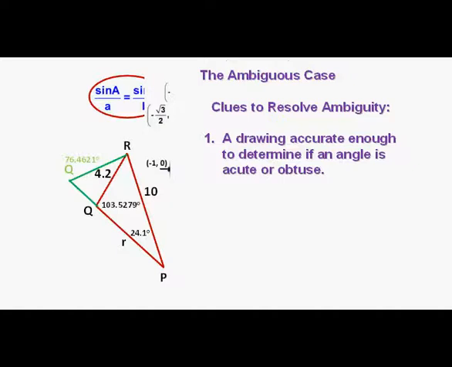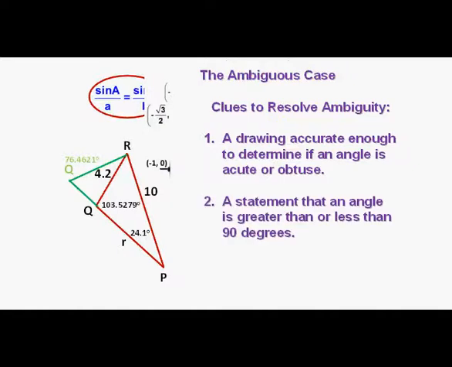One thing is just what I used, the drawing. I picked the obtuse angle of 103.5279 degrees because in the drawing, angle Q looks to be an obtuse angle. Another clue, and an even better one, since not all drawings are accurate, is an instruction that an angle is acute or obtuse, sometimes stated as less than 90 degrees or greater than 90 degrees.